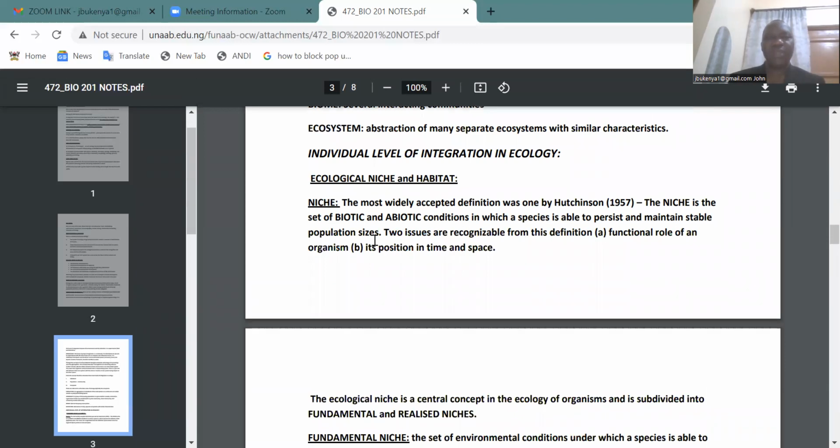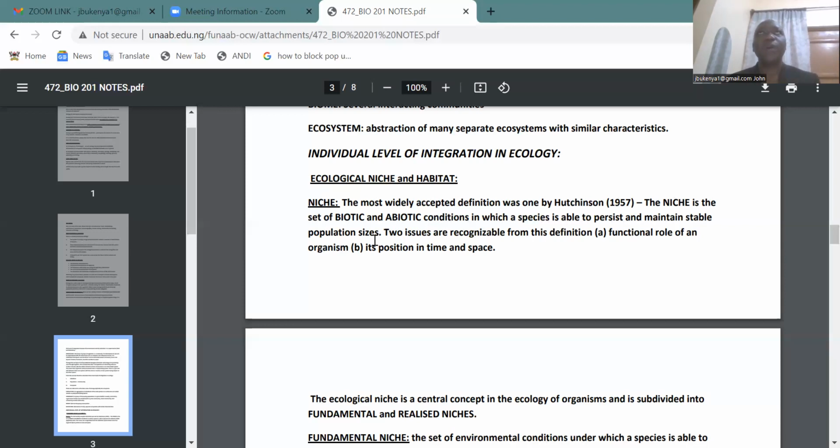Moving on, if we look at the individual level of studying ecology, there is this concept which we need to understand, the concept of ecological niche, which was put forward by Hutchinson in 1957. And Hutchinson defines an ecological niche as a set of biotic and abiotic conditions in which a species is able to persist and maintain a stable population size.